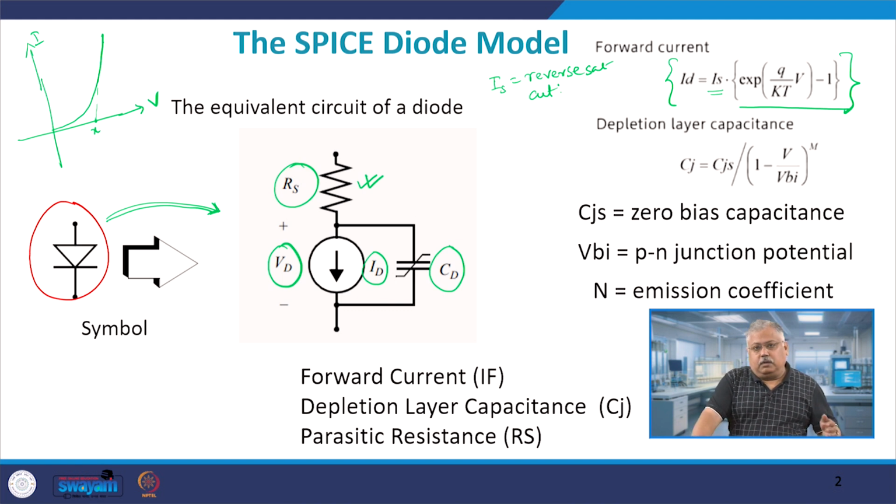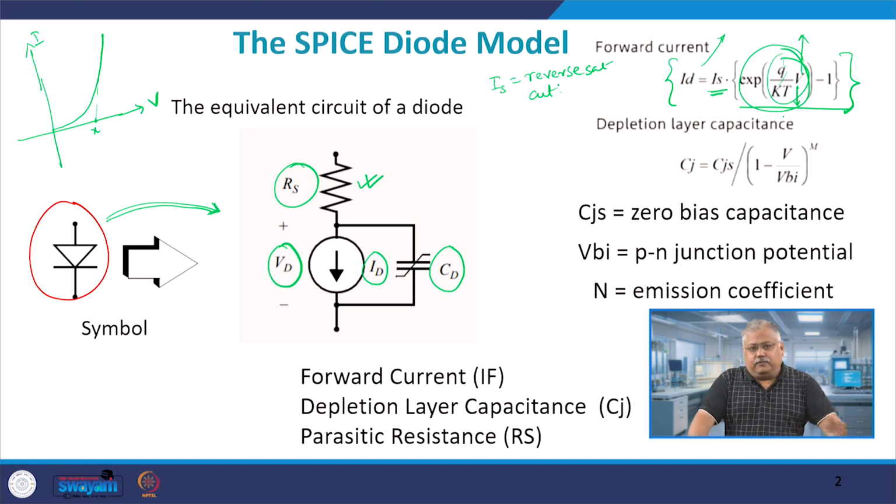Now, please understand that this primarily means that there is an exponential rise in the current. When V is extremely small, close to 0, this exponential quantity is close to 1, and therefore this minus 1 makes it very small, and in the end you get a very small current approximately equal to Is. But as you go on increasing the value of V, this exponentially rises, and therefore this quantity shoots up.